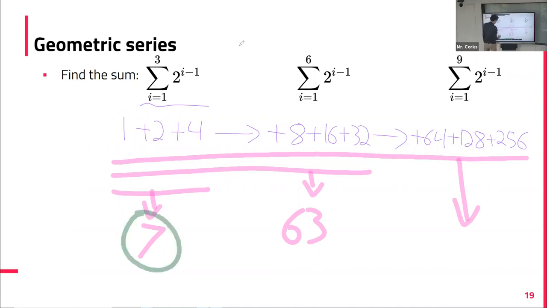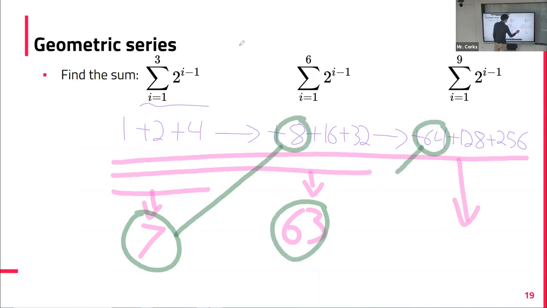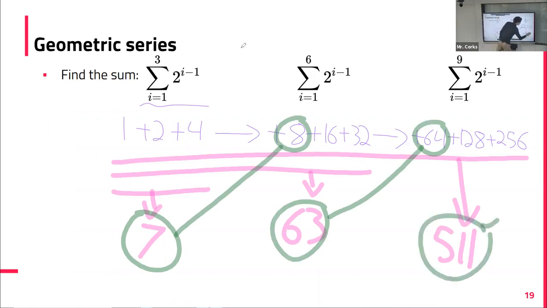This, and then the next one. There we go. It's whatever the next term is minus 1. That's the sum of the previous ones. Now we see it. 512 is the next term here.